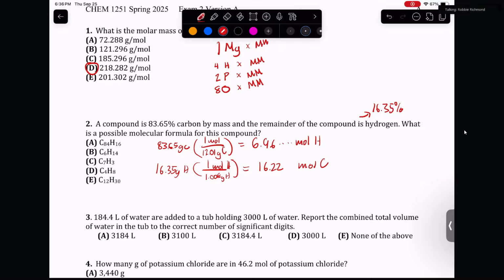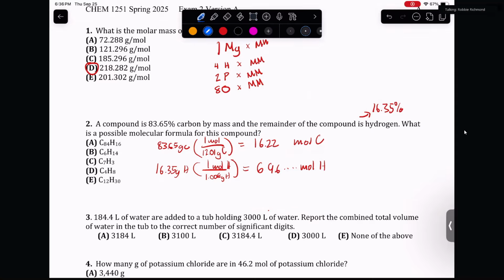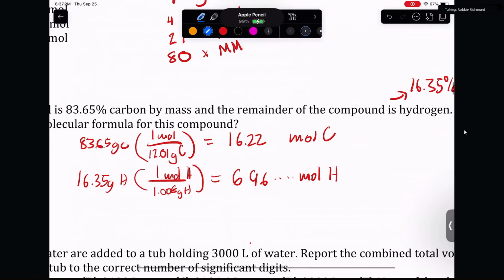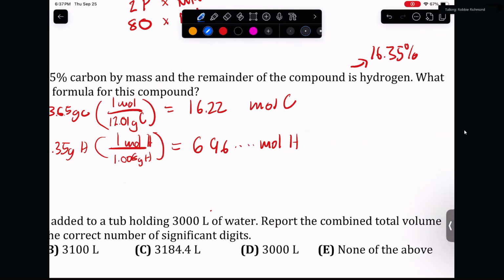So in this case, hydrogen, whoa. Sorry, these should be flipped. Sorry about that. So hydrogen would be the least amount of moles for that. So we divide everything by 6.96.